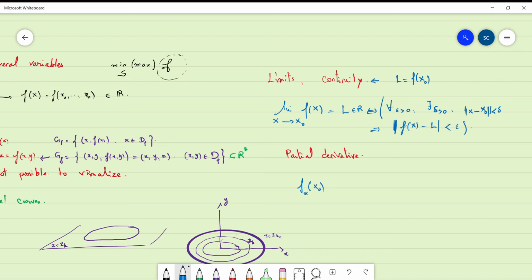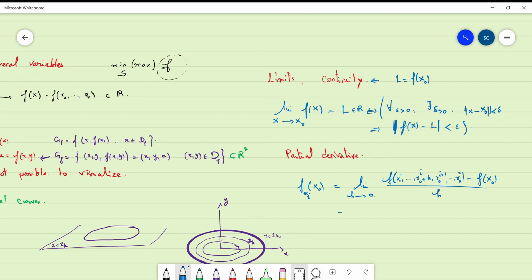If I want the derivative with respect to the first variable xi, it will be the limit of the variation of my function: f at (x0_1, up to x0_i plus h, then x0_(i+1) up to x0_n) minus f at x0, over h, as h approaches 0.